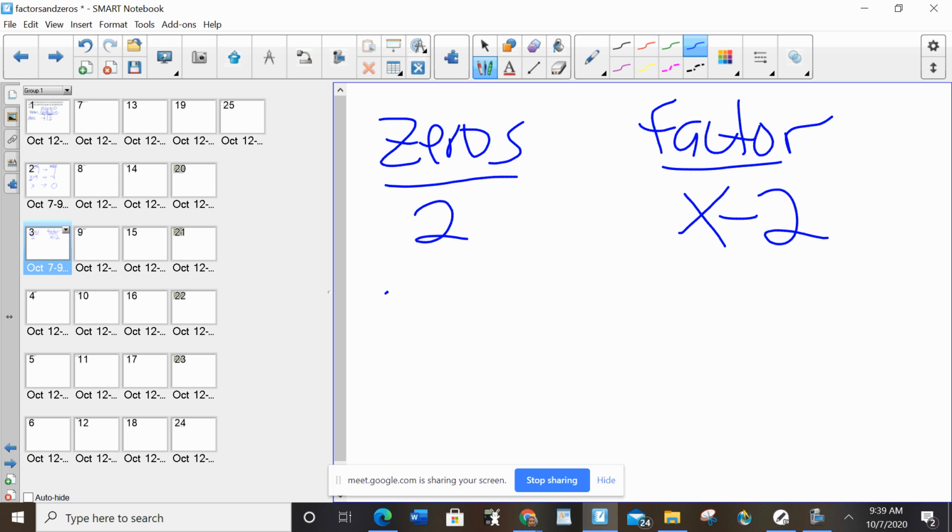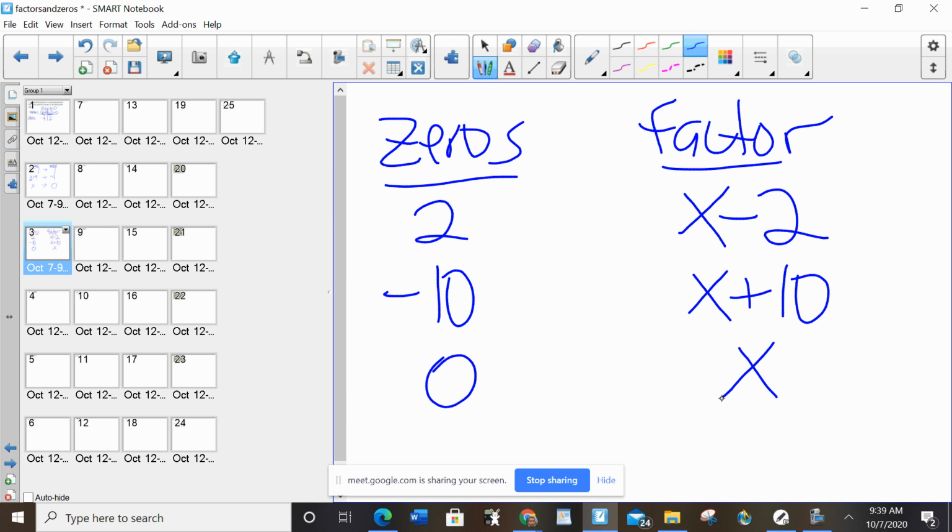If my 0 is negative 10, then my factor has to have an x, and it becomes x plus 10. If my 0 is 0, well, that's my special one, then my factor is x. To go back and forth between factors and zeros, you're switching the sign. Factors have x's, zeros don't.